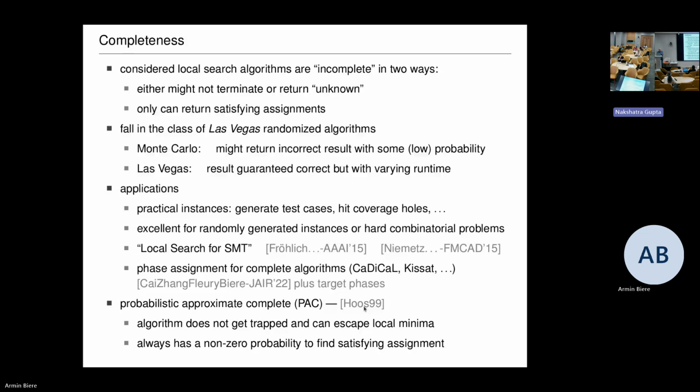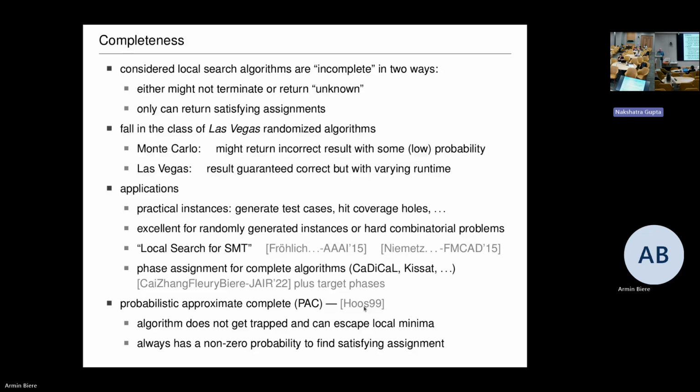That part we solved with our target phases, but the other one, using local search for unsat, nobody has any real idea. Okay, so these are the two incompletenesses. It doesn't work for unsat, and it might not terminate or just return unknown.